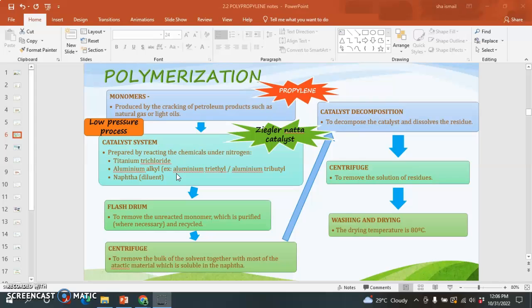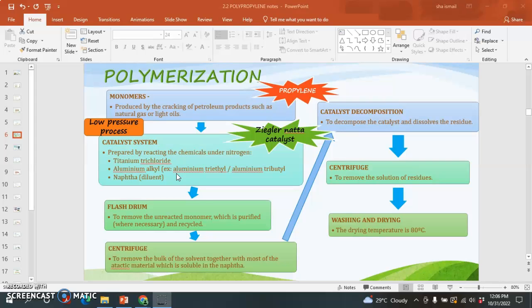And then we go to the flush drum to remove the unreacted monomer, which is purified and recycled. And it will go into the centrifuge to remove the bulk of the solvent together with most of the atactic material, which is soluble in the naphtha. And next, we go to catalyst decomposition.